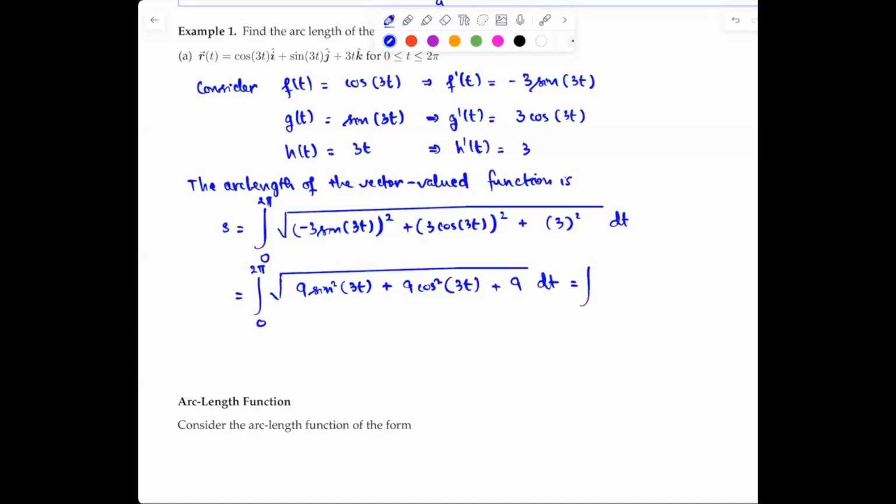You have this equal to the integral from 0 to 2 pi of square root of 9 times sine square of 3t plus cosine square of 3t, plus 9 dt.